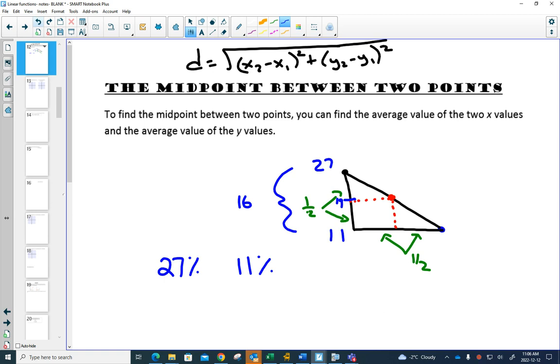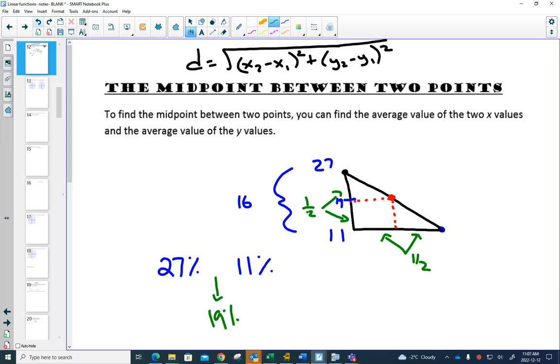How are you doing in this unit? Not very good. What would your average be in this unit? 19%. Does it make sense that right in between the 11 and the 27 is 19%. That would be your current average in this unit.